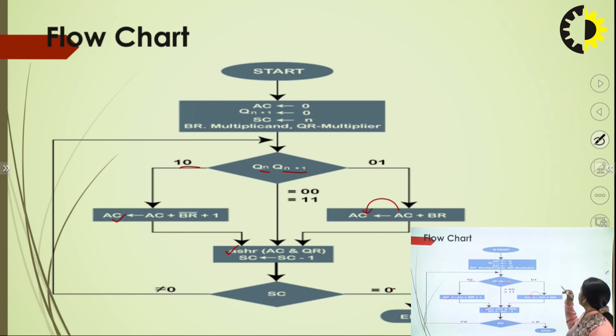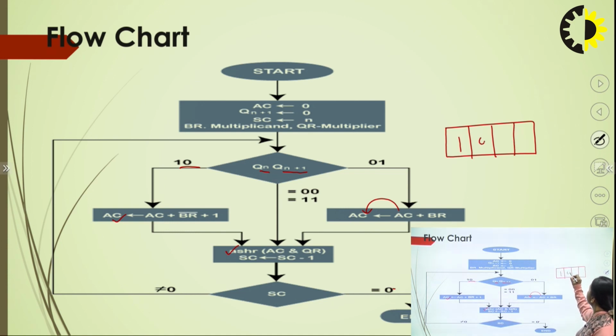You can see here in the case of arithmetic shift right, for example, if I have a number 1 0 0 1 and I want to shift right, then what will be the next value? In this case, this last 1 will be lost.